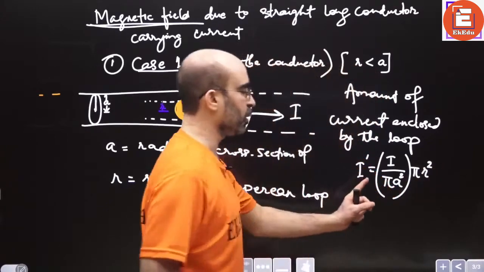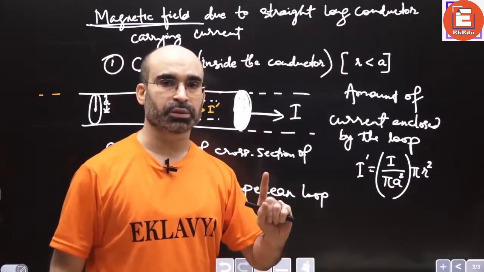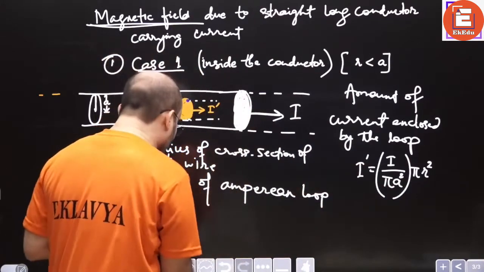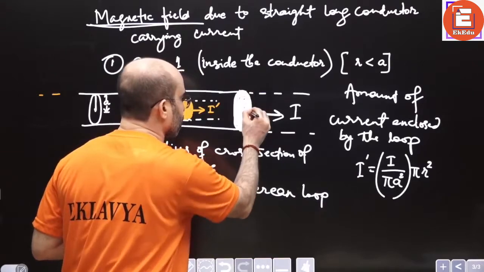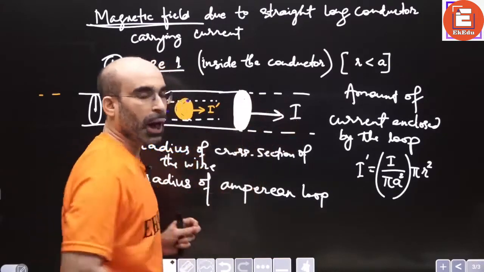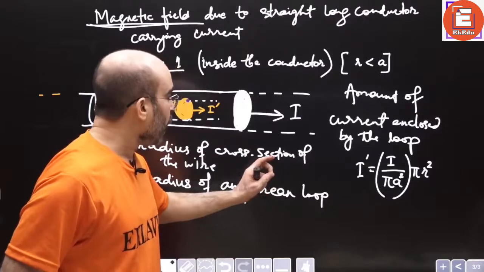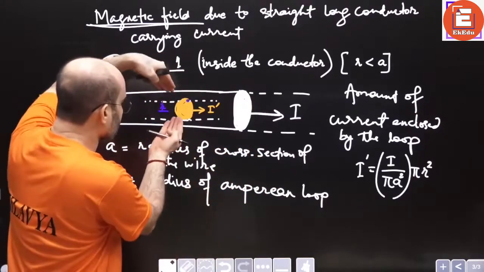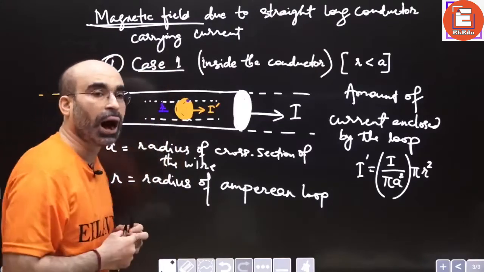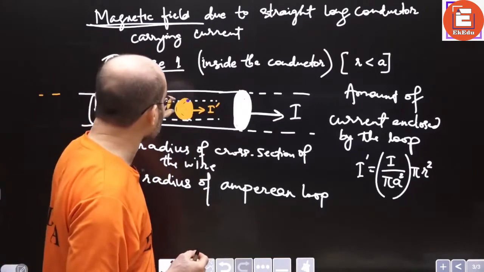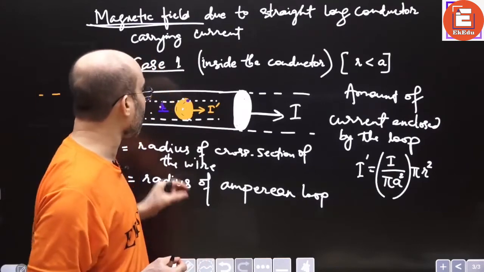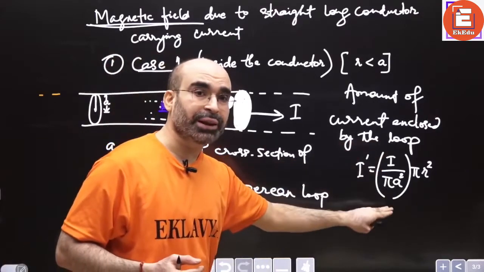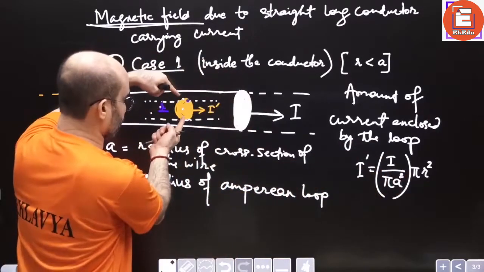Be very, very clear about this. Because for the entire cross section, the current flowing is I. So for this cross section, what would be the current flowing? This cross section has radius r, right? So current per unit area into the area of this cross section.